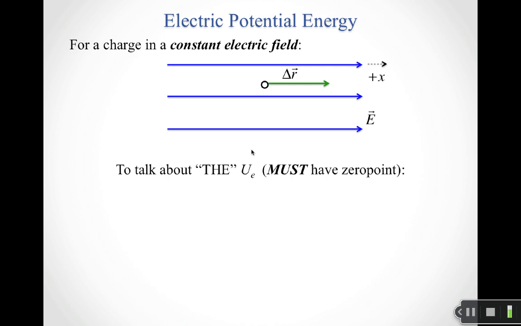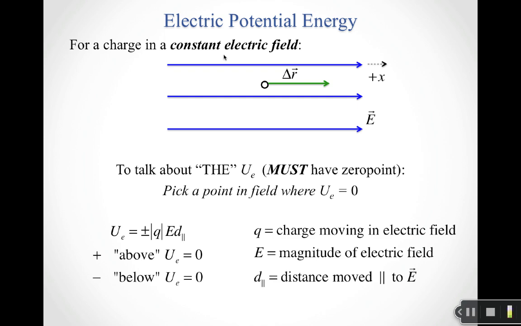If you want to talk about the electric potential energy, again, we have to have a zero point. So the electric potential energy is really the longer statement of the electric potential energy relative to the point where the potential energy equals 0. Just like when we had a constant gravitational field and we said we could pick the point where we wanted the potential energy to equal 0, if you have a constant electric field, you also get to pick the point in the field where the potential energy is 0.